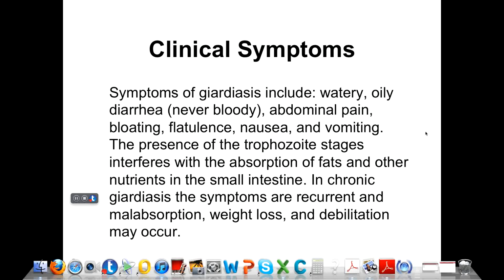And as I stated previously, the sheer physical presence of the abundant trophozoite stages in the small intestine interferes with the absorption of fats and other nutrients and causes malabsorption. And in chronic infections that persist for a period of weeks, you can see a pretty significant weight loss and pretty significant morbidity.